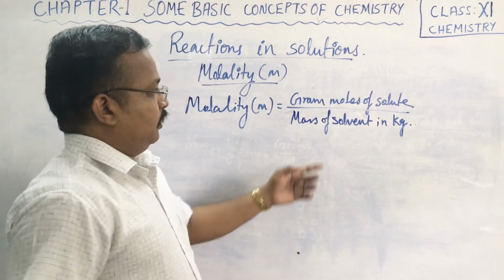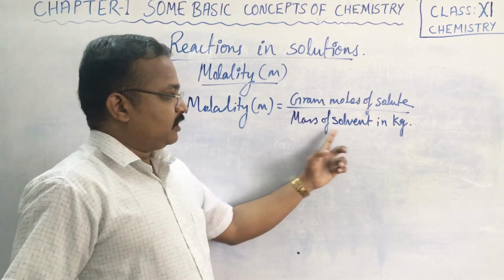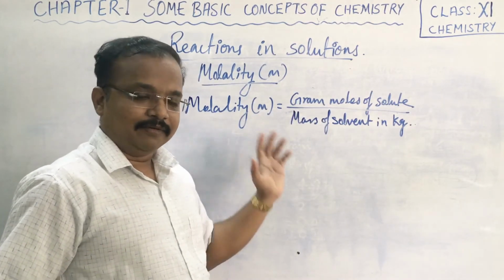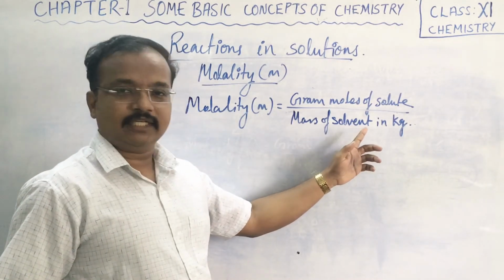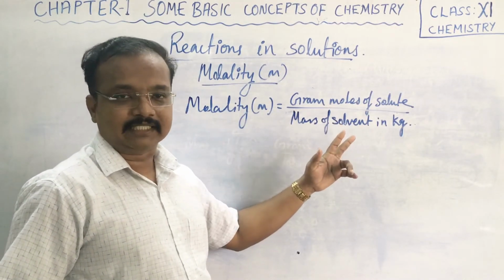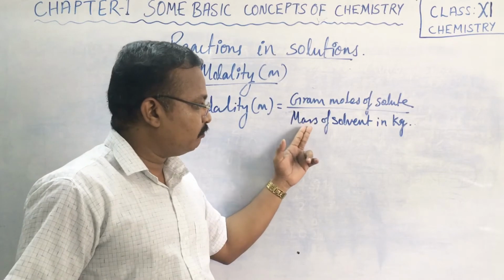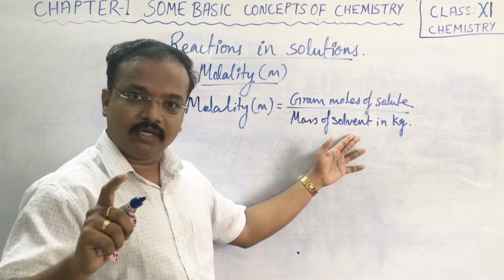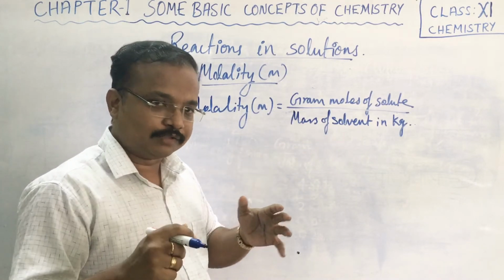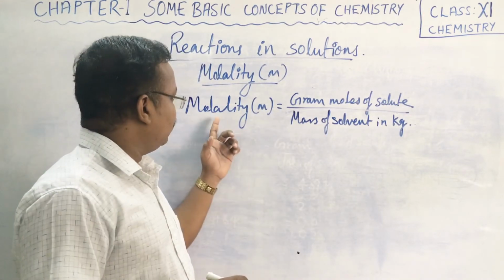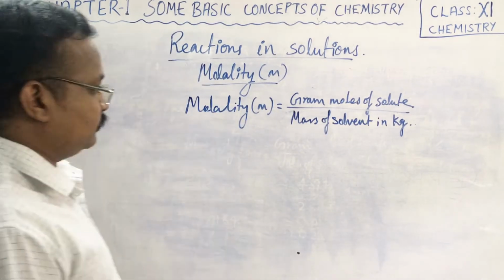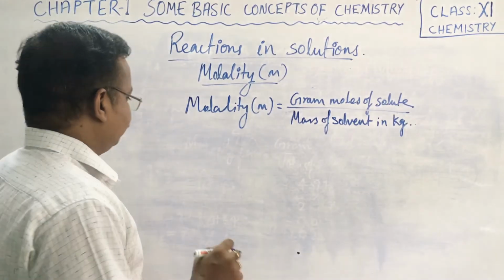So, gram moles of solute divided by mass of solvent in kg. Before, we discussed volume of solution in liters. Here we are talking about mass of solvent only, not the whole solution. We are talking about mass of solvent in kilograms. That is called molality.